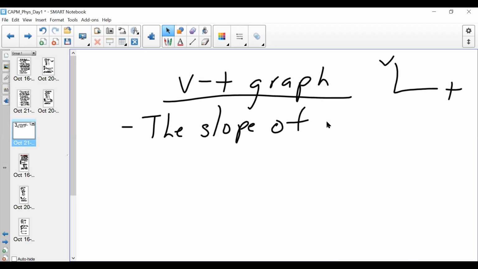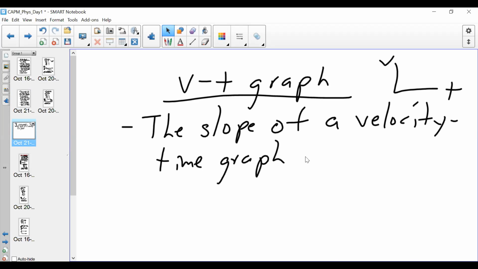The slope of a velocity time graph is the acceleration.